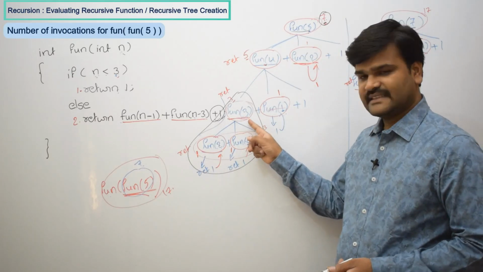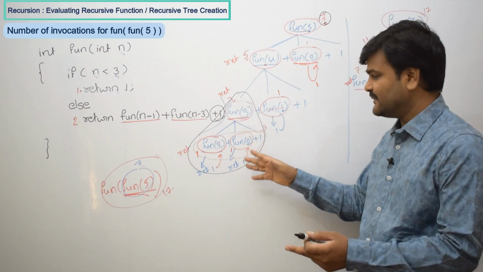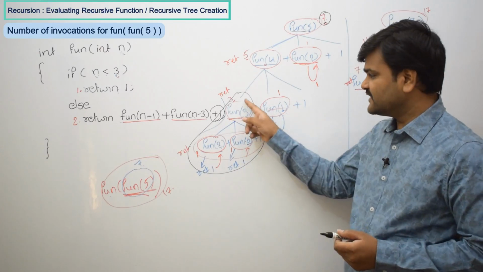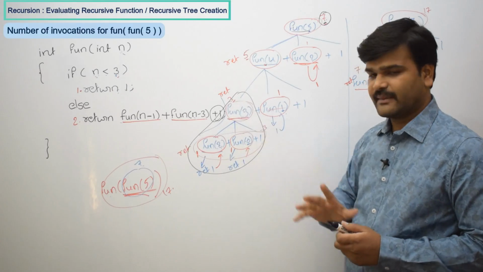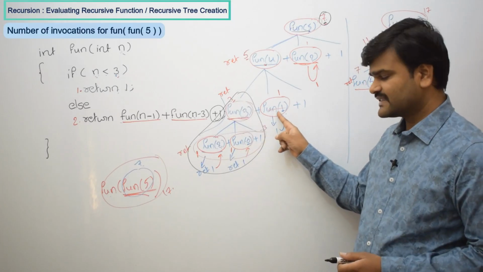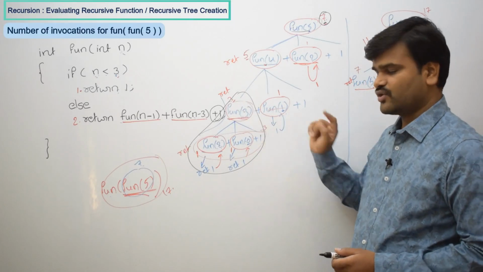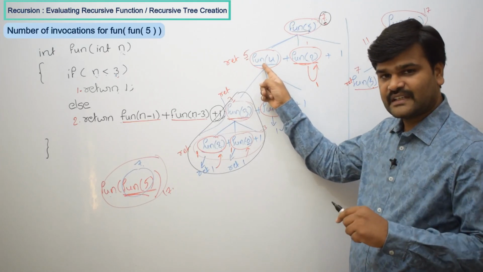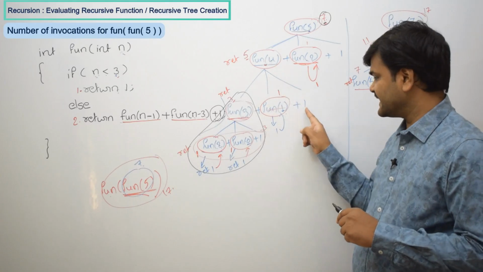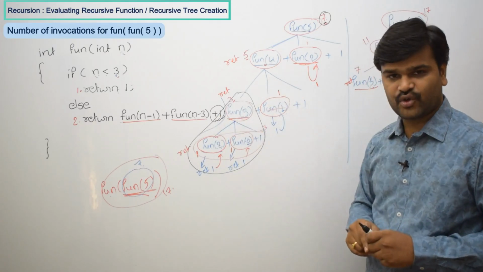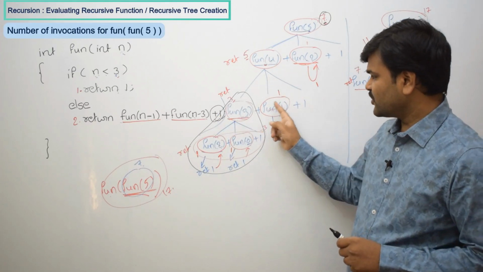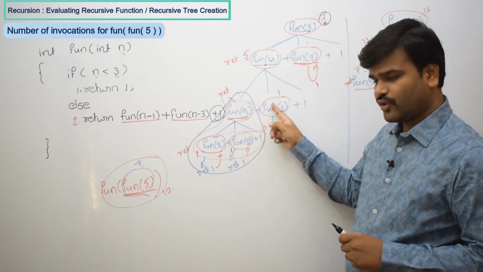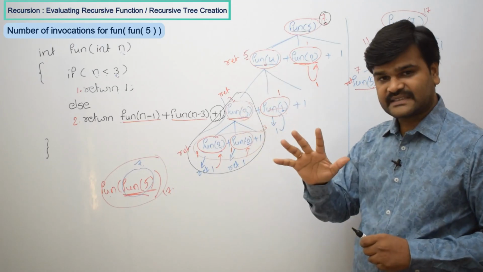Whenever it is fun of 3, let us try to observe the same thing here. Assume that here 3 function calls have happened, and this is one function call, 3 plus 1, 4. Now if you come to the parent, this is also one function call. This function call you are adding here, that is what this plus 1 in the code is. So total, 3 plus 1, 4, plus 1, 5 function calls.